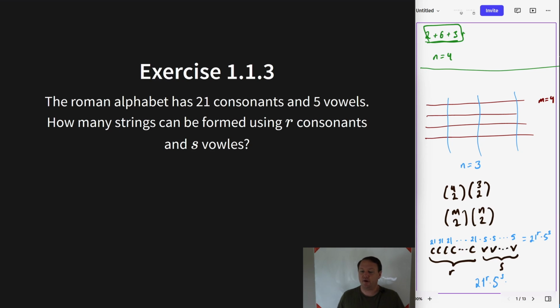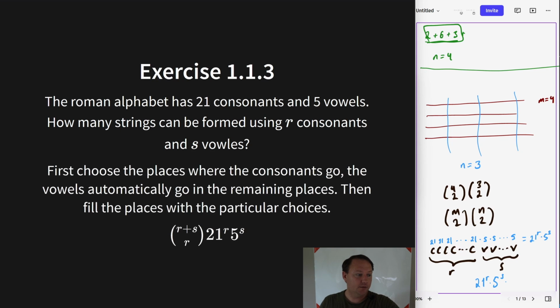The number of possible rearrangements is going to be, well, it's a word of length R plus S, and we would like to choose R of them to be the consonants. So, in effect, the number of ways of rearranging the C's and the V's is (R plus S) choose R. We could also have said choose S, we'd get the same thing. But anyway, so there's the solution to that one.